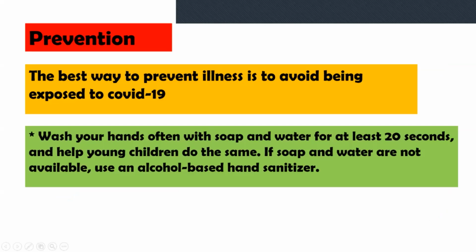So the best way to prevent illness is to avoid being exposed to COVID-19. So what can we do about this? Avoid being exposed to COVID-19. This is why, during the crisis, we stay at home.